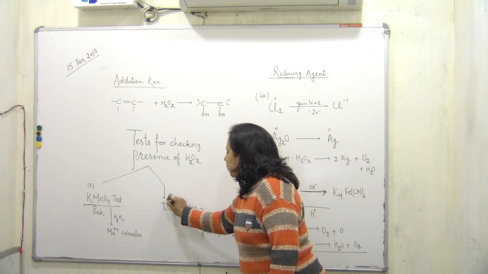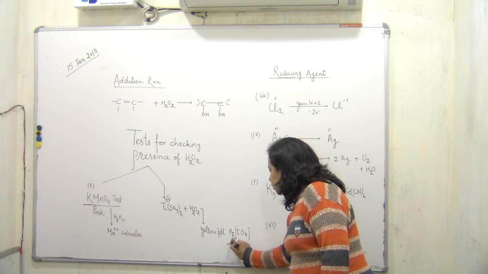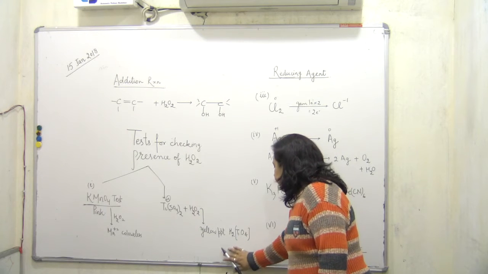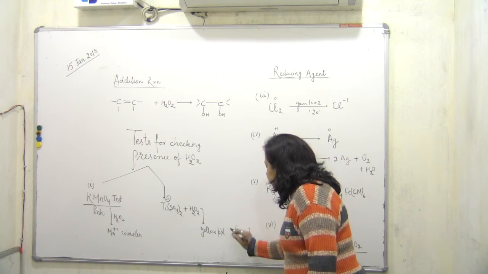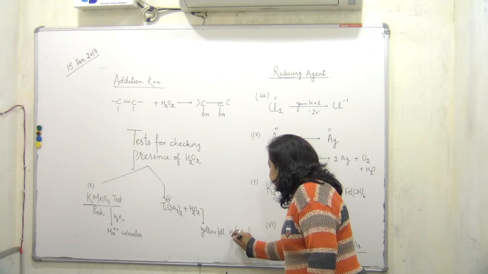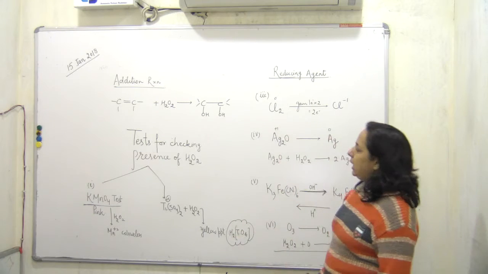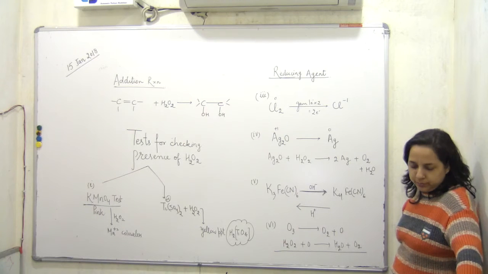Titanium here is 4 positive and this complex is having 2 positive. Titanium is now in a complex form which is colored by nature. So we can say this complex has yellow color, and this test is again used for testing the presence of H2O2.